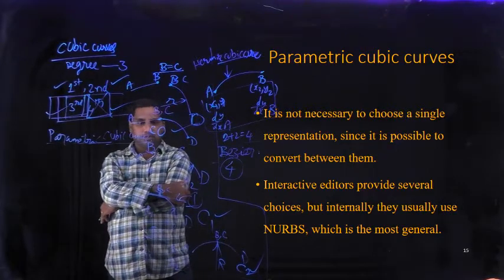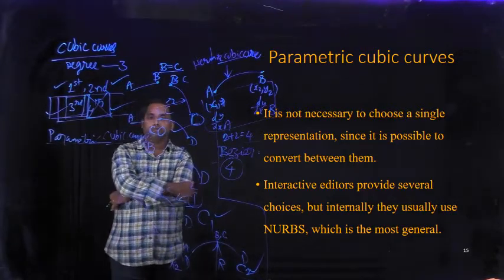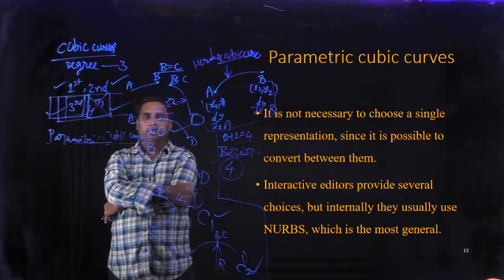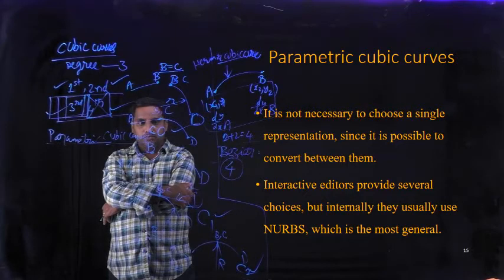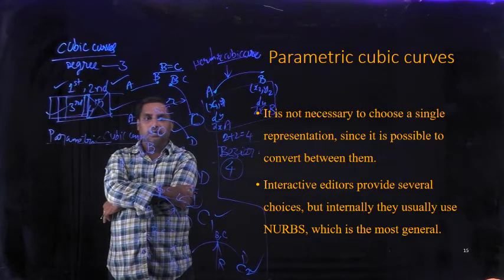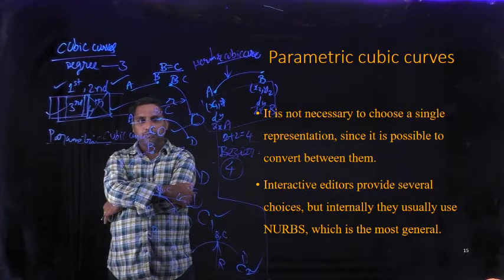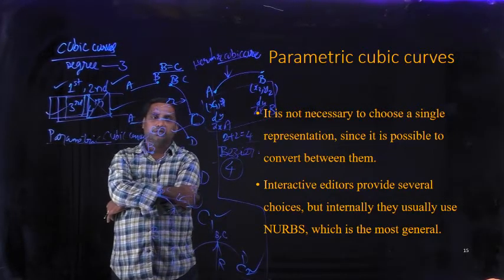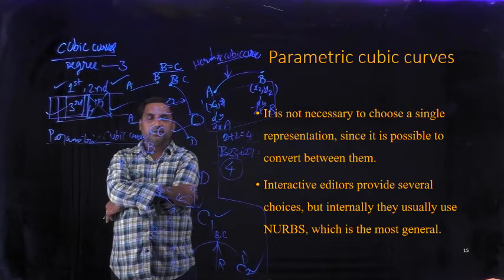Parametric cubic curves, next point. Read out the 2 points displayed on the screen. The first point is that it is necessary to choose a single representation since it is possible to convert between them. So a single representation is not necessary.